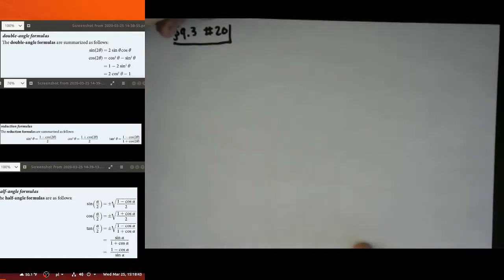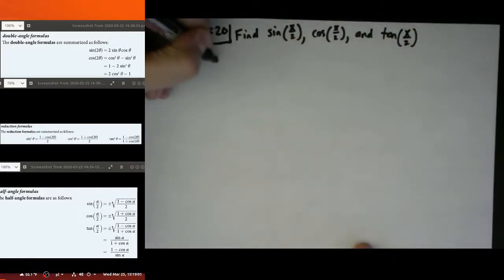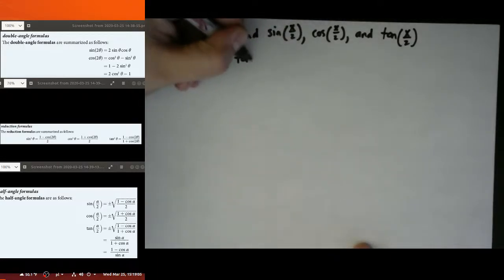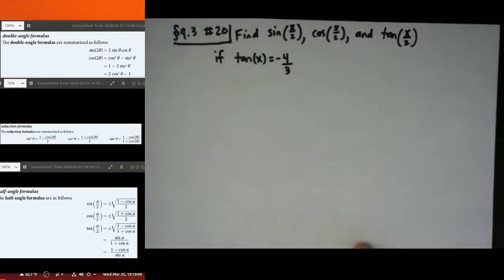So they want us to find sine of x over 2, cosine of x over 2, and tangent of x over 2 if we knew that tangent of x is minus 4/3 and x is in quadrant 4.